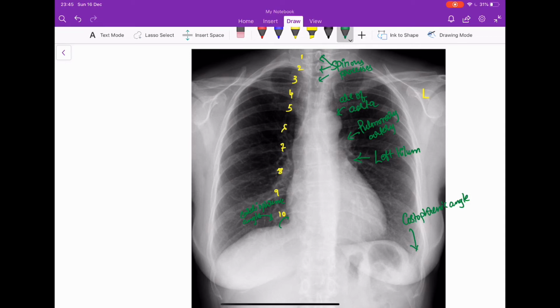As we know, below this is the line of the diaphragm, and towards the right side below the diaphragm should be present the shadow of the liver, and towards the left side there should be the gastric bubble below the left hemidiaphragm.